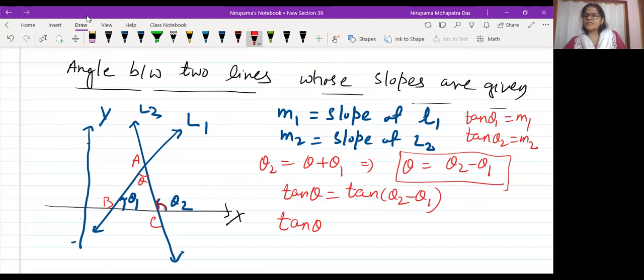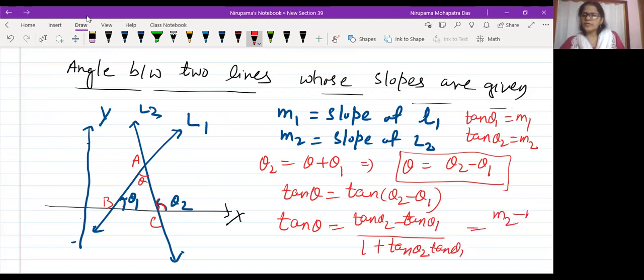Tan theta 1 is the slope of L1, tan theta 2 is the slope of line L2. So tan theta equals tan theta 2 minus tan theta 1 divided by 1 plus tan theta 2 into tan theta 1. It means we can take M2 minus M1 by 1 plus M2 into M1.